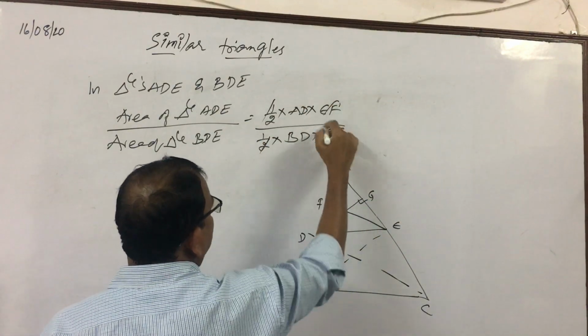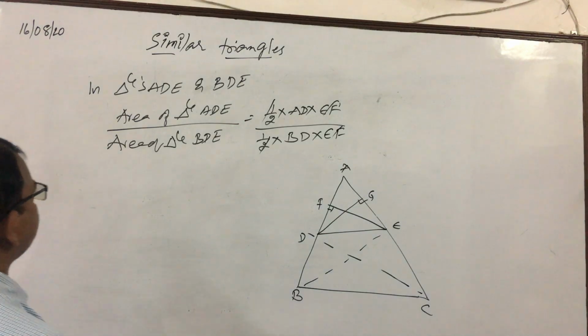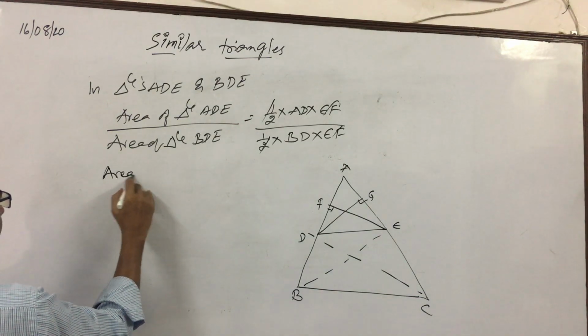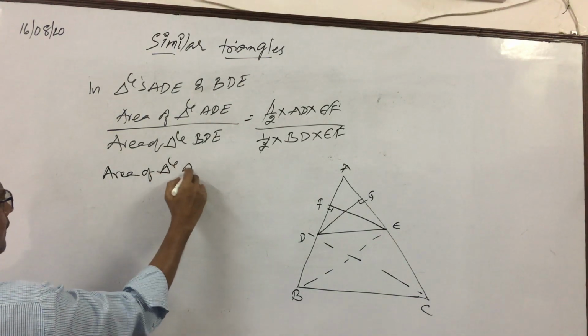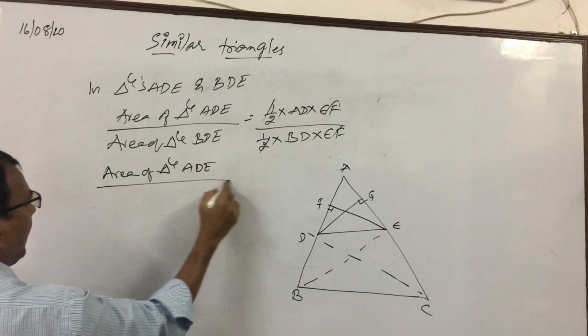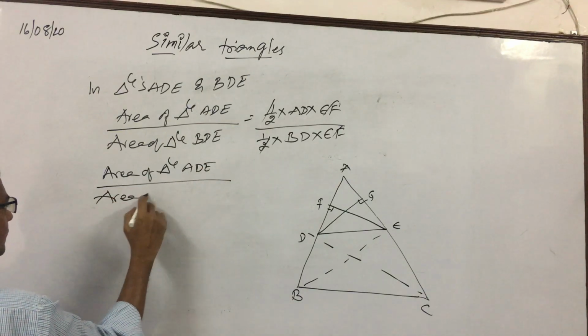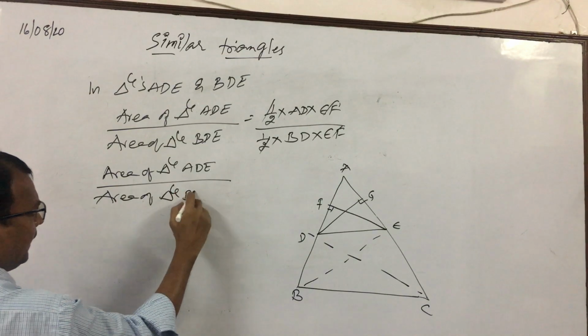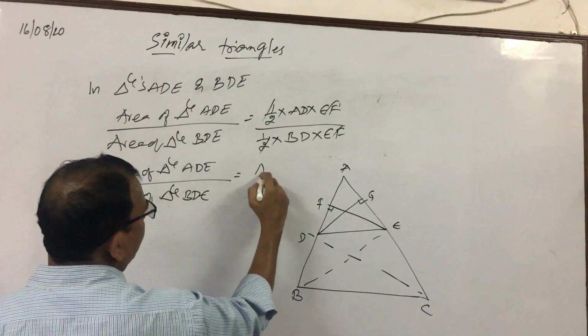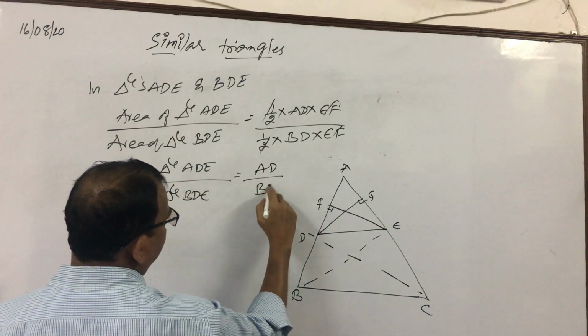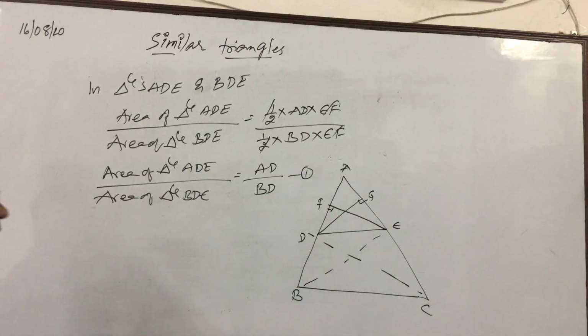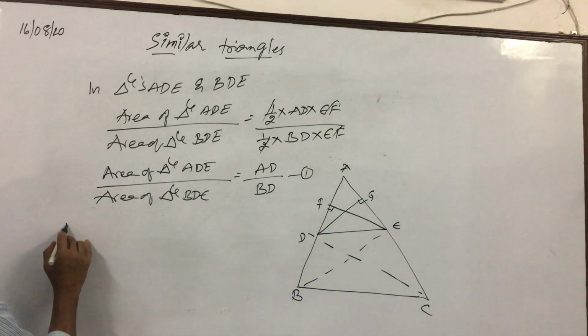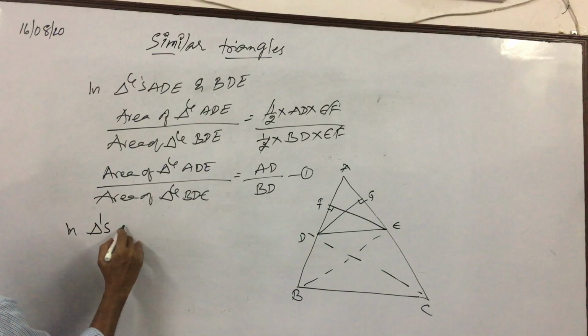EF cancels, half cancels. Now area of triangle ADE by area of triangle BDE is equal to AD by BD. This is the first equation.